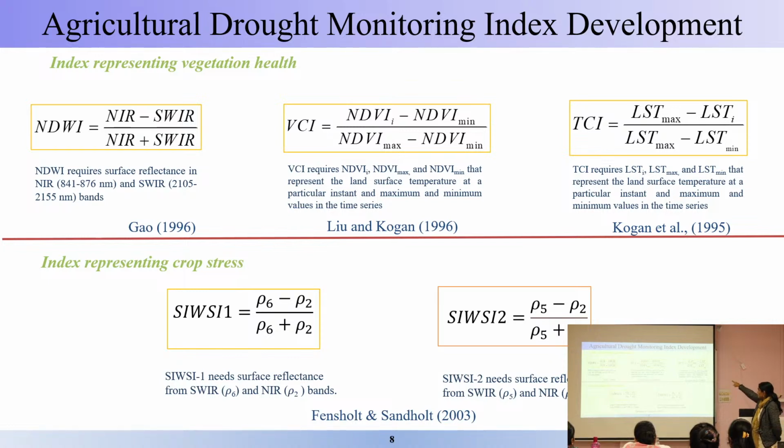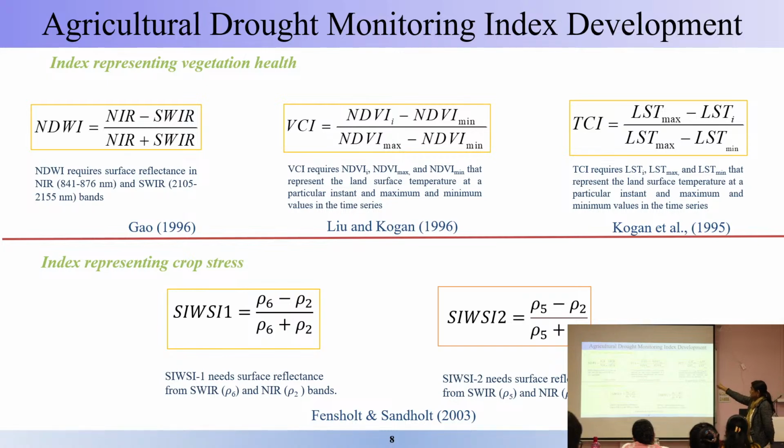So if I have many data sets giving land surface temperature like I showed in the previous table, I will choose one of them which is matching with observed temperature very well. So that particular data only I will choose to calculate TCI. So that way the first list of data was used to select the best one and then used to calculate TCI.